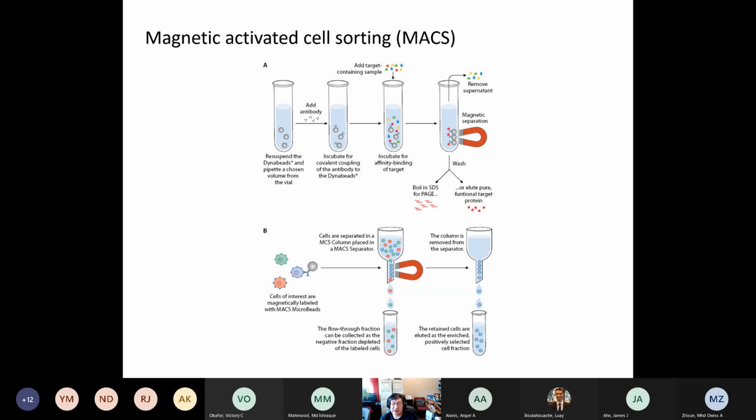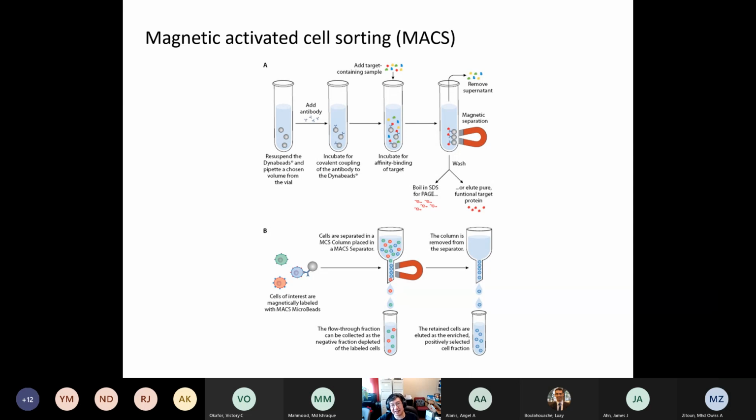So instead of fluorescence, the antibody now carries magnetic beads to the cell surface. And then you can use a magnet to get the cells captured, because the stem cells bearing some surface marker now get labeled. Based on their cell surface marker, you can use a magnet now to pull those cells out.